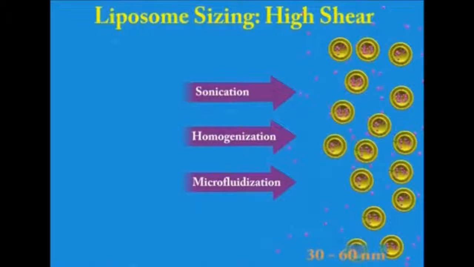The lower size limit of liposomes is 30 to 60 micrometers, depending on the type of lipids used. High shear methods are used to reduce multilamellar liposomes to unilamellar liposomes at their lowest size limit.